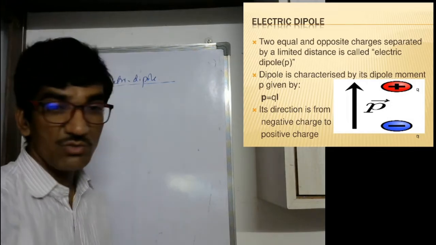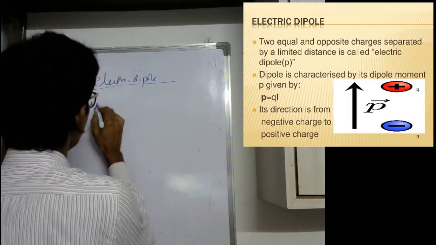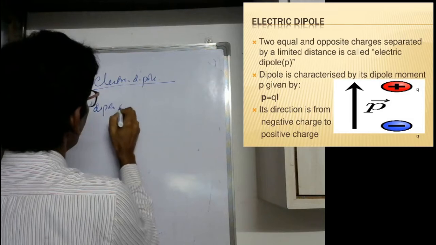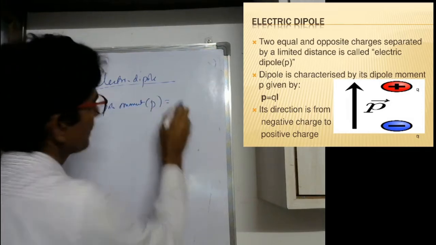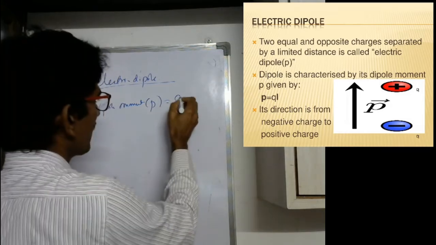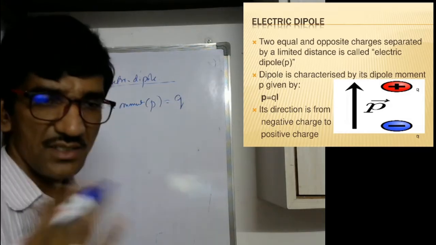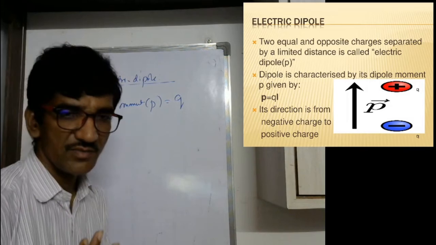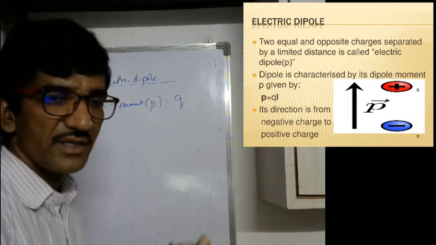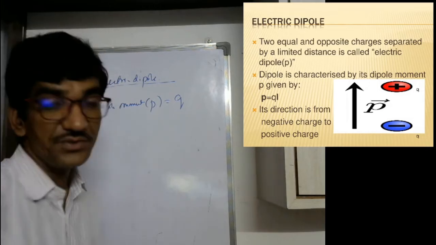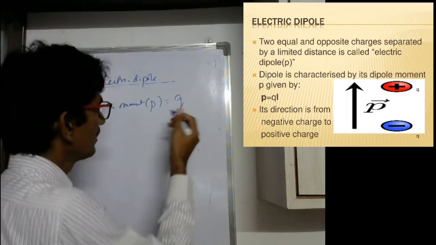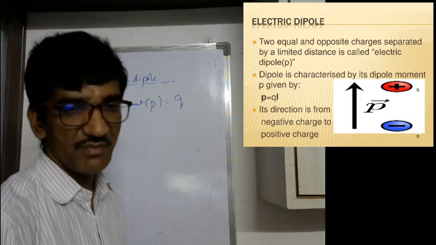What is dipole moment? Dipole moment p is equal to equal charge, maybe plus or minus, but you have to take equal Coulomb charge. Magnitude should be the same. One is plus q, other is minus q.